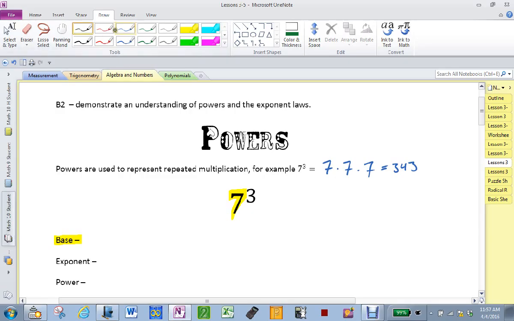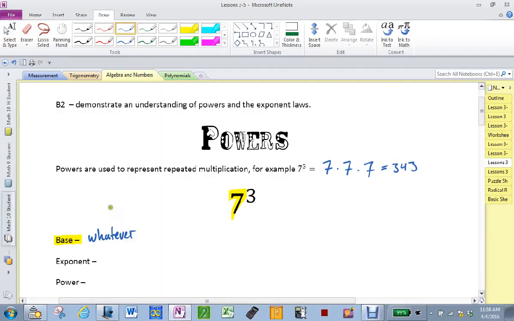The base is whatever. Does that mean it can be a number? Yes. Does that mean it can be a letter? Yes. Does that mean it can be a symbol? Yes.